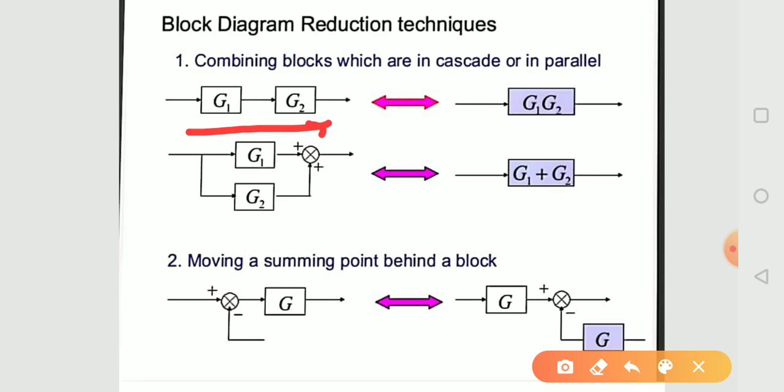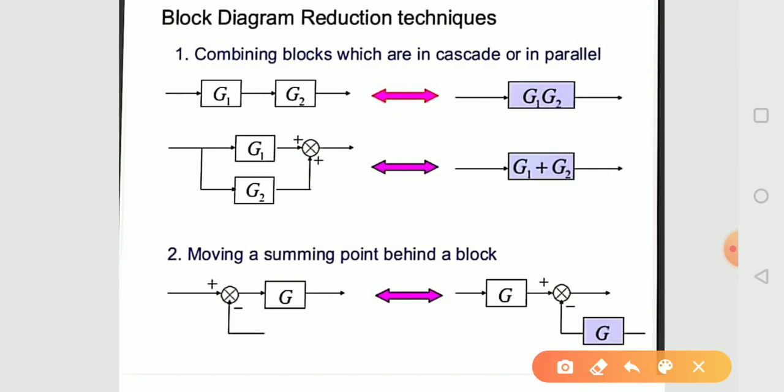It means you can multiply these two gains, because our intention is to get the same output by individual blocks or by multiple blocks. So if we see here some signal is A, then the output here is A into G1.